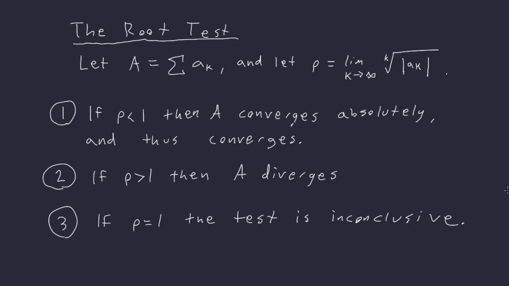So here's the idea. The root test, we're looking at a series, say the series A sub k. And we're going to let rho equal the limit as k goes to infinity of the kth root of the absolute value of a sub k. Okay, so this is rho. This is a Greek R.